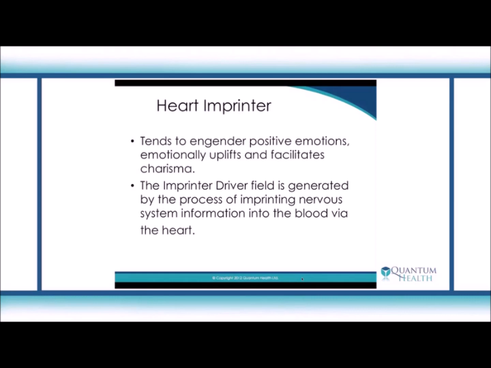I think the easiest explanation is, if you want to think more clearly and have more coherence with your thinking, the Heart Imprinter is the way to go. If you're talking about your overall charisma, the overall regulation of your heart and the overall emotions of the heart, then Heart Driver is the way to go.